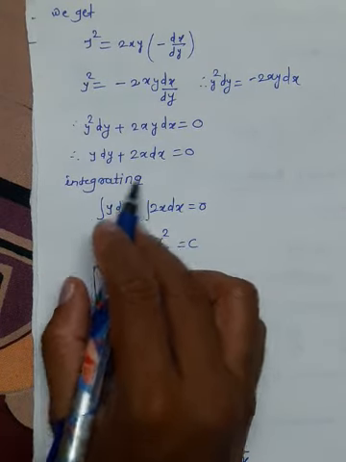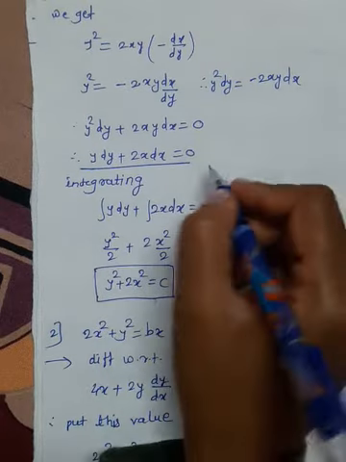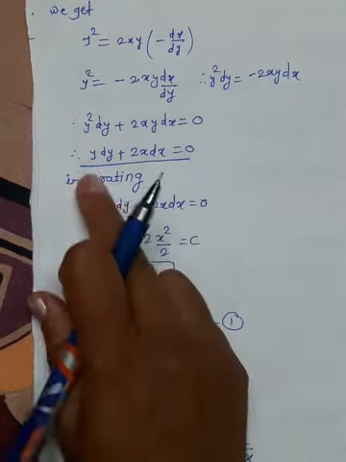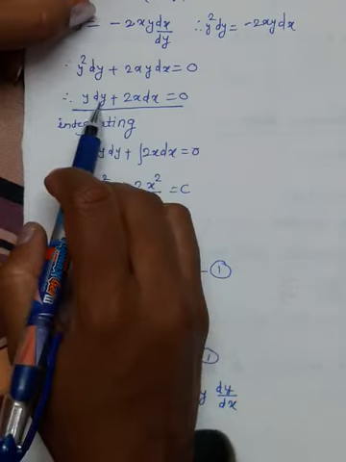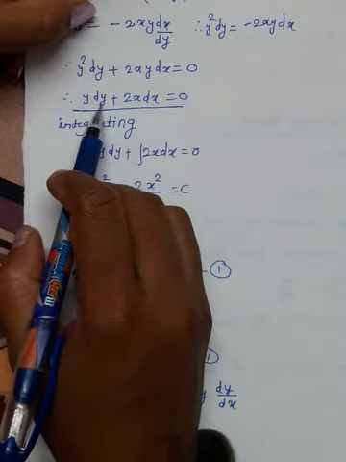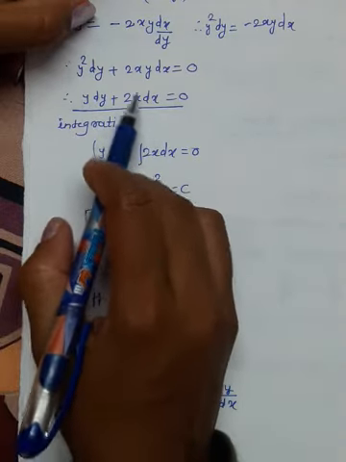Now it is one form. You can solve this equation by M dx plus N dy, or directly you can integrate this equation. Why? Because whatever y terms are there are attached to dy, the dy term doesn't contain x, and the dx term doesn't contain y.